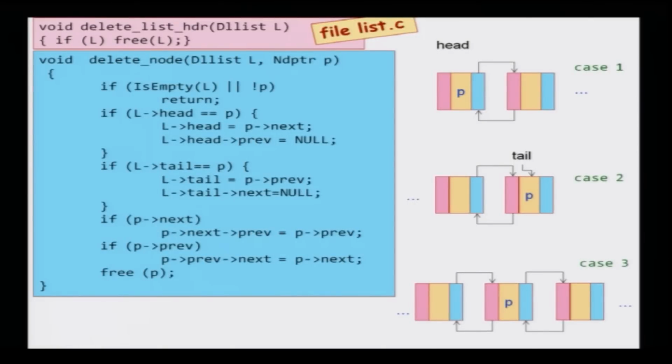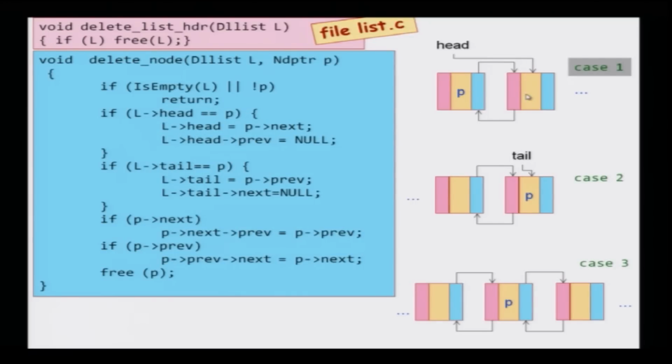In case 1, the node that you want to delete is the head of the list. Suppose you want to delete P, what would you do? You would make head point to the next element and free P. So, head will be made to point to P next. This is the line here, L head will go to P next.